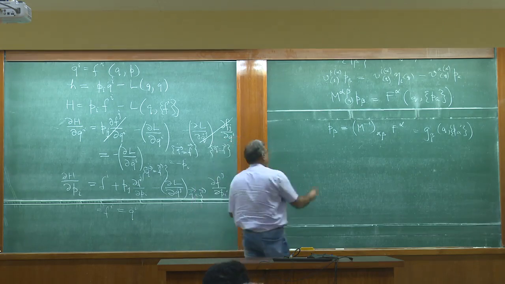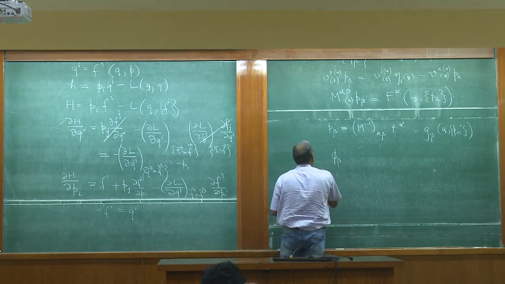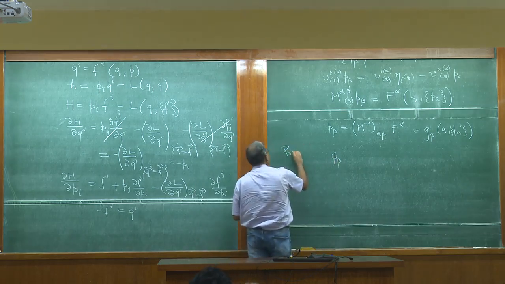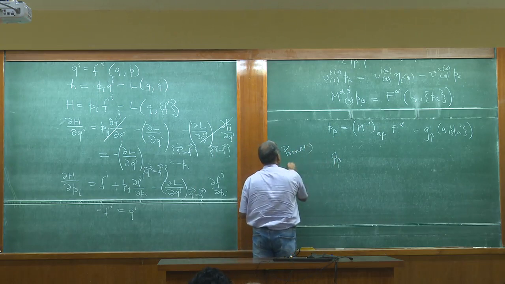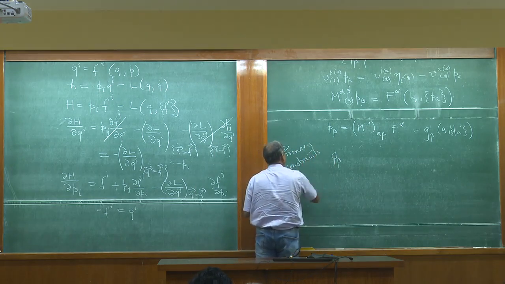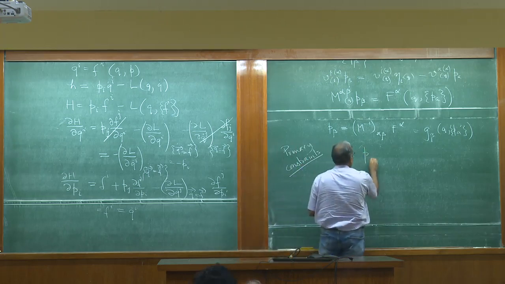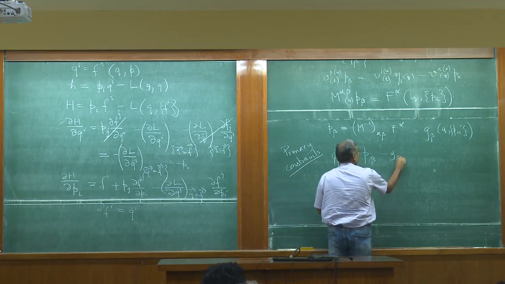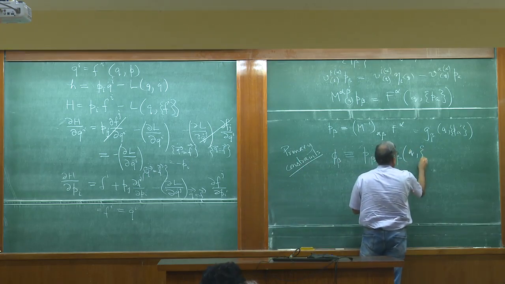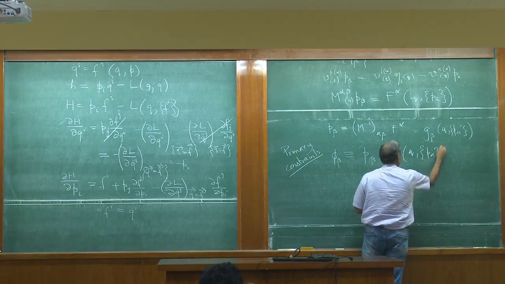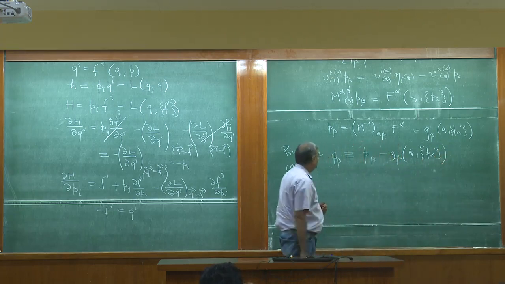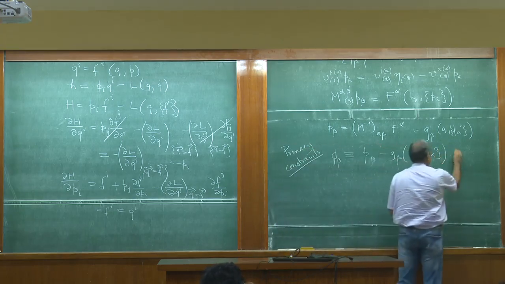Okay? And the constraints we will write, so these are called primary constraints in Dirac's language. So, phi beta, which is by definition P beta minus this G beta, Q and P alpha, okay, must be 0.